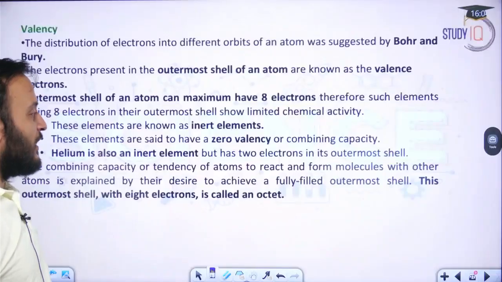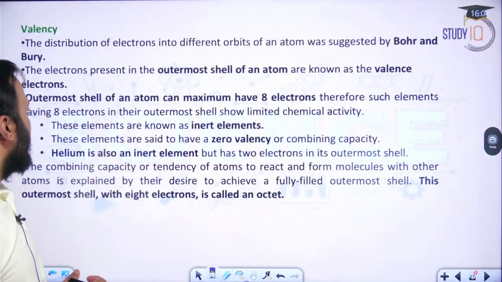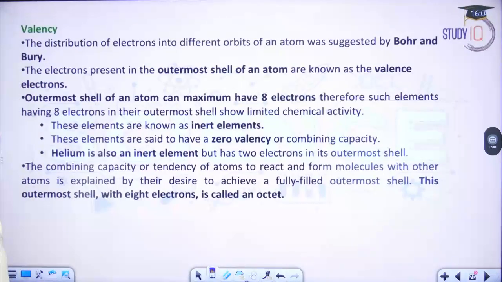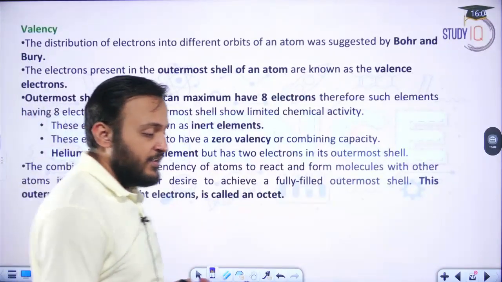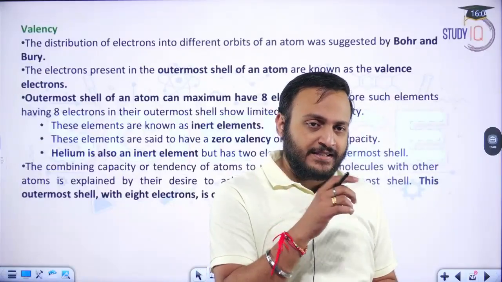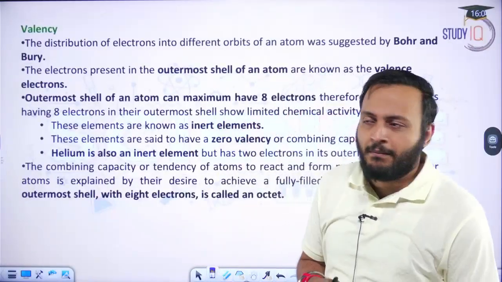Now guys, we have the valency. What is valency, by the way? Valency is, as per the Bohr atomic model, the atom has electrons around its nucleus. These electrons are arranged in different shells, different orbits, remember?